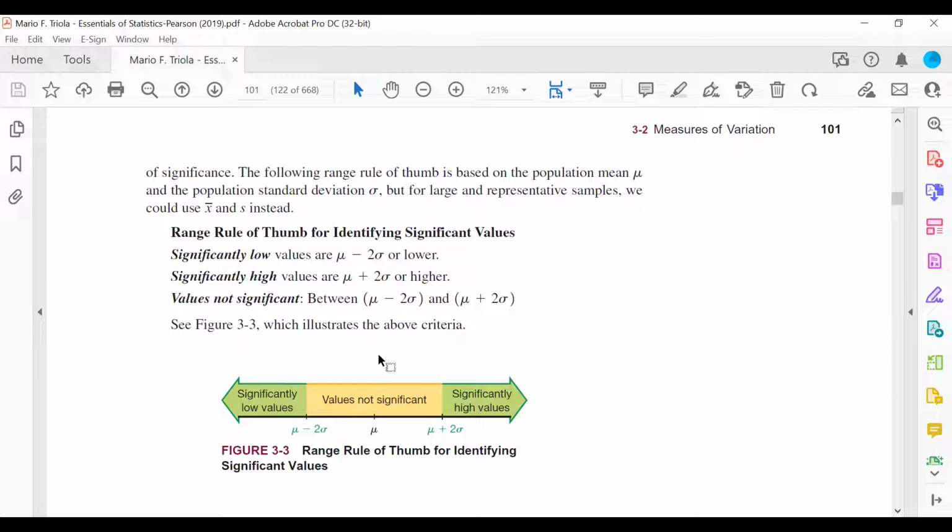For the significantly low, we also refer to that one as the minimum usual. So that one's almost the same as the previous one, but instead of a plus, there's a minus. So it's mu minus 2 times the standard deviation. And so there's a scale that we use. So let me show you an example of where this is used.